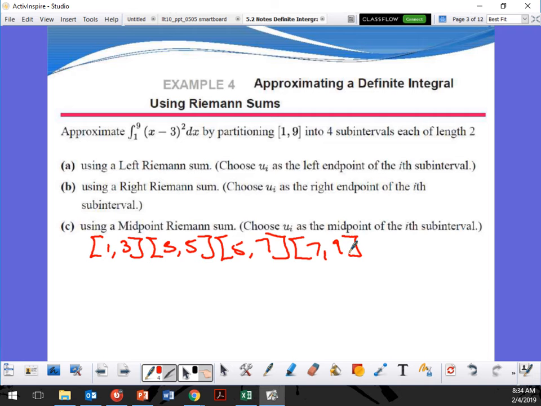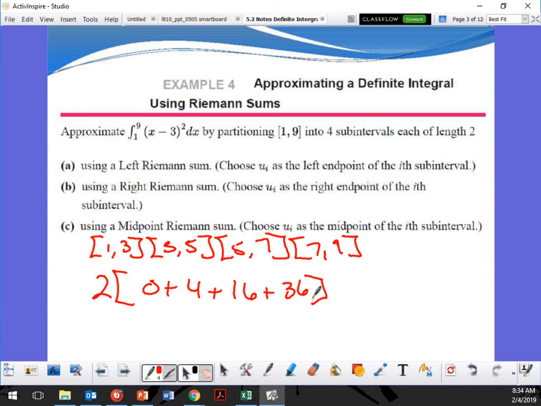So my first one is again my delta x, which is going to be 2. So it's 2, bracket. Now, for the right-hand side, it's f of 3, which is 0, plus f of 5, plus f of 7, plus f of 9, which is 36.